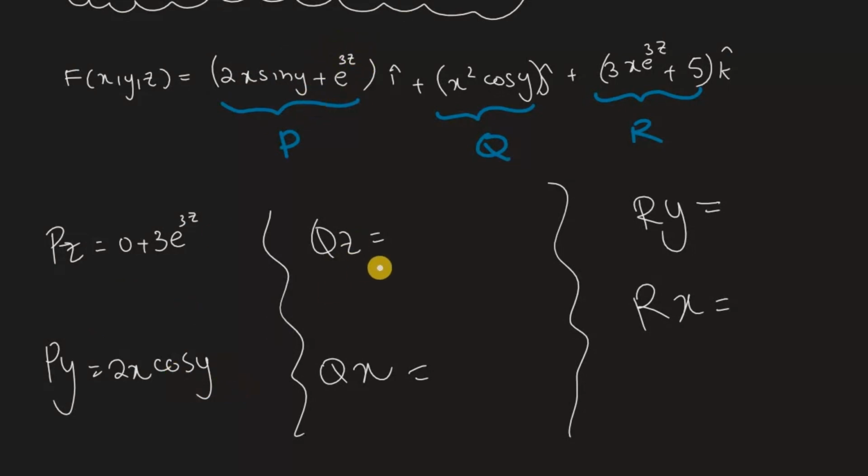Okay, so next we have q of z. This is the function q, differentiating with respect to z, and x and y are treated as constants. Do you guys see any z over here? No, right? Only x and y, and they are constants, so this is 0. Alright, so what is q of x then?